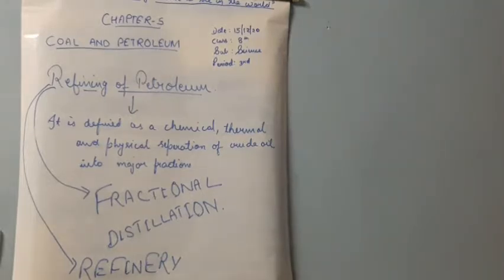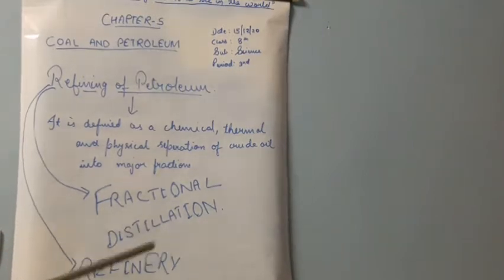So they are separated chemically, thermally and also physically. Crude oil is separated into major fractions, and this process of refining of petroleum is known as fractional distillation.